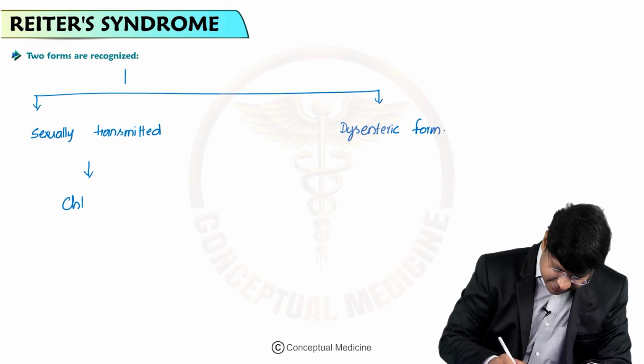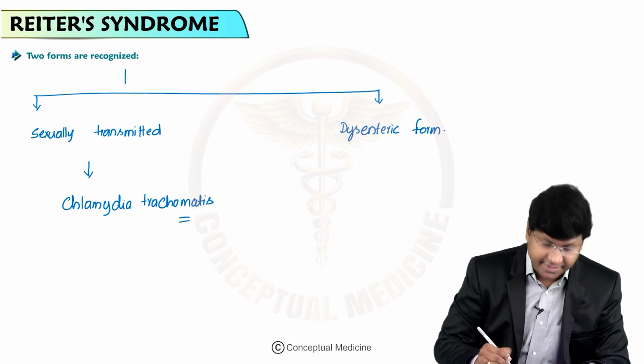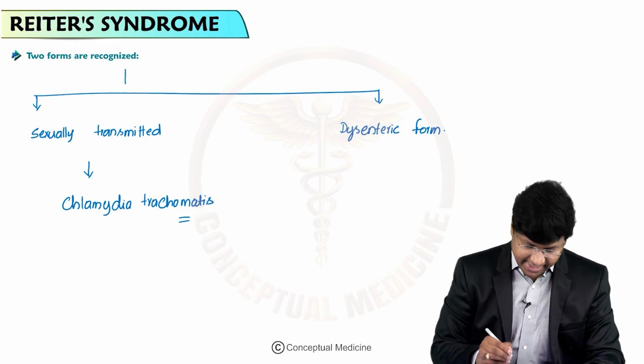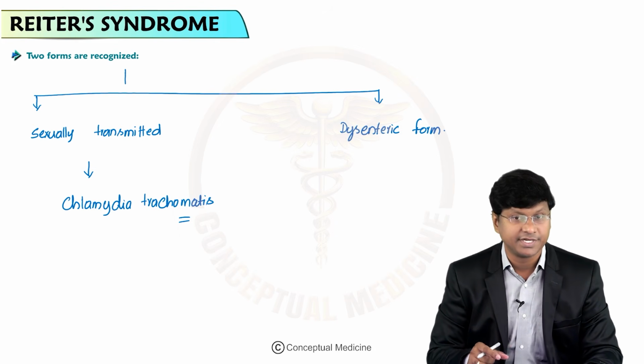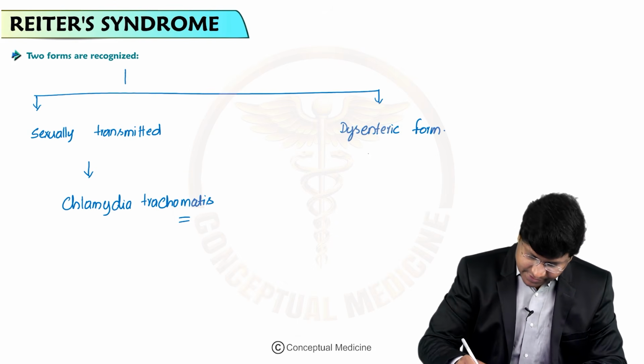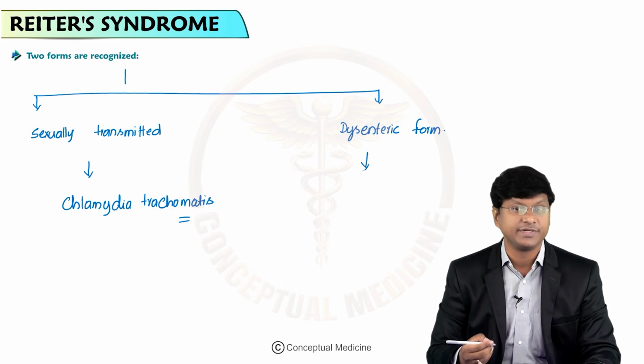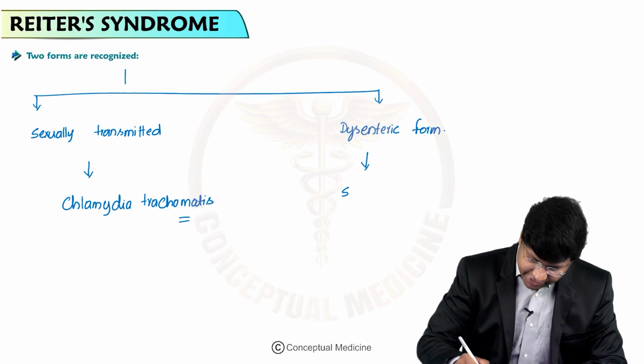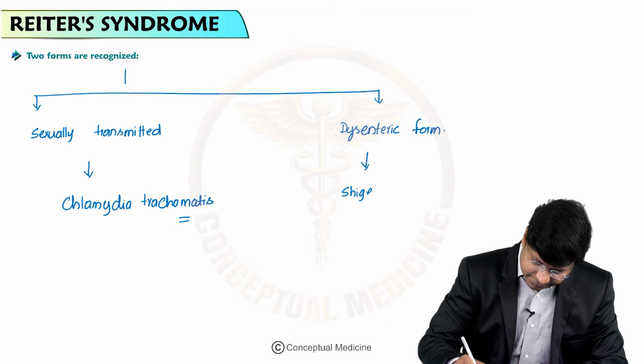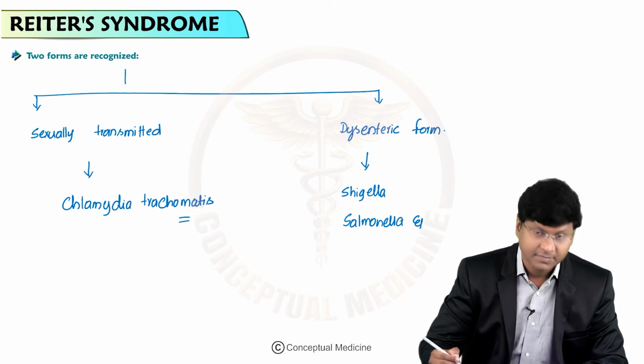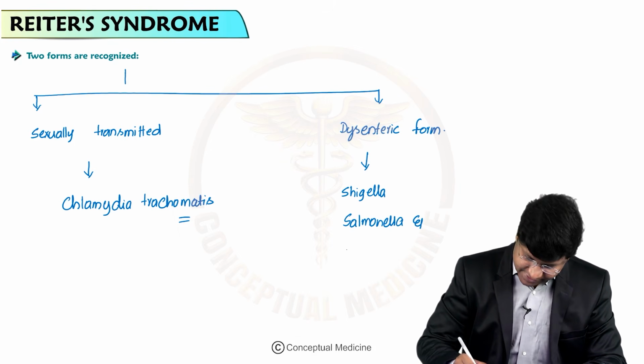The organism here is Chlamydia trachomatis, and this organism has been found to trigger reactive arthritis, whereas the dysenteric form, which is nothing but the gastrointestinal infection, is with Shigella, Salmonella, and Campylobacter species.